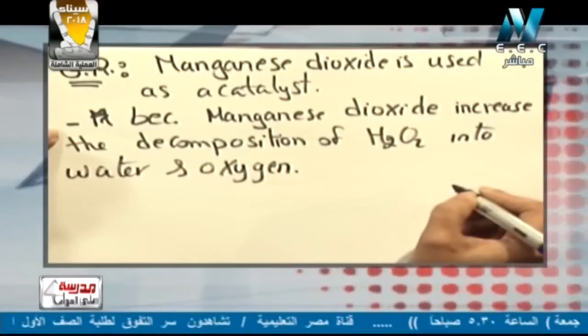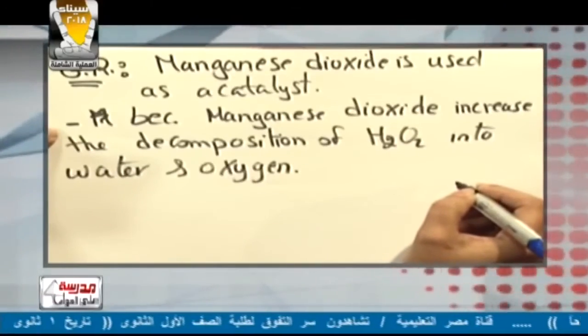Okay, so give reason: manganese dioxide is used as a catalyst because manganese dioxide increases the decomposition rate of hydrogen peroxide into water and oxygen.